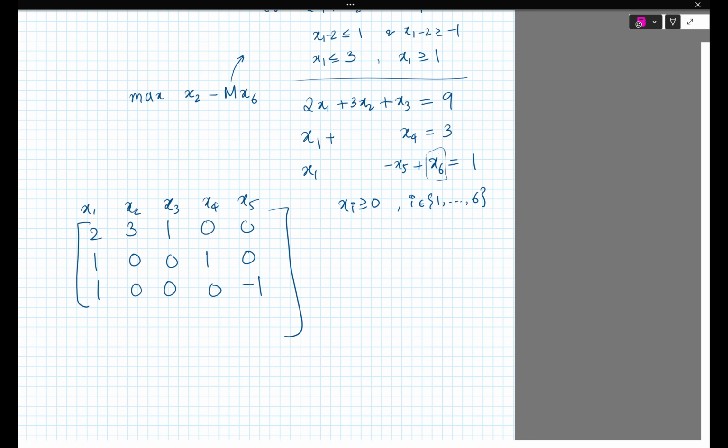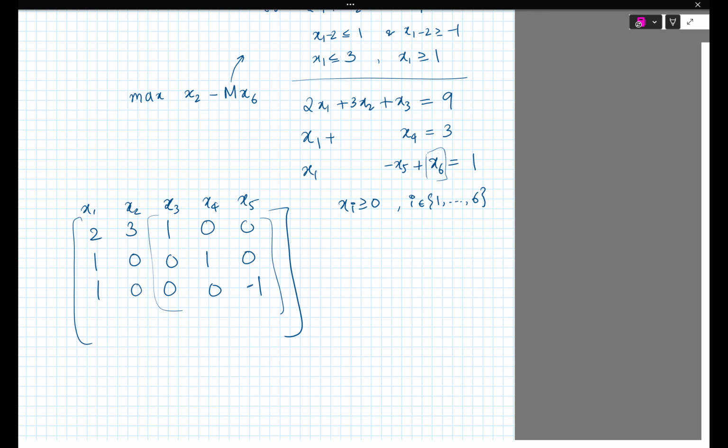Without x6 you could multiply this row by -1, but then b will be negative. We don't want b to be negative.